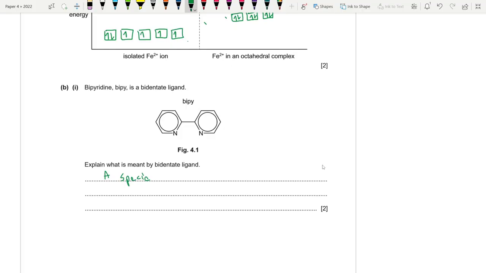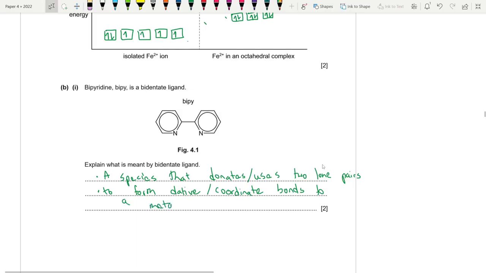So it's basically a species that donates or uses two lone pairs, okay, that's one point, to form dative covalent bonds or dative or coordinate bonds to the central metal atom or metal ion, okay, or transition metal, transition element, okay, or just metal.